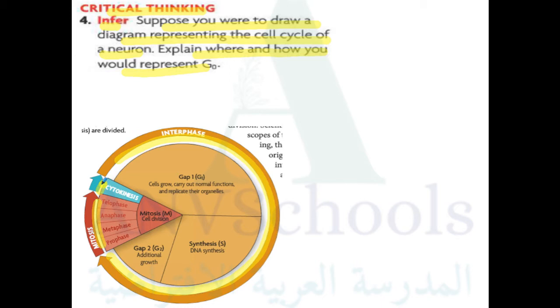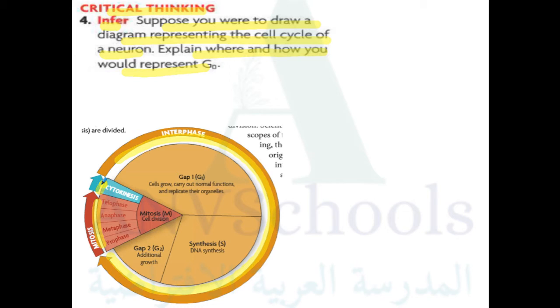After this, the cell is already divided, and when we are talking of G0, we are saying that the cell will enter a cycle where it will not divide.